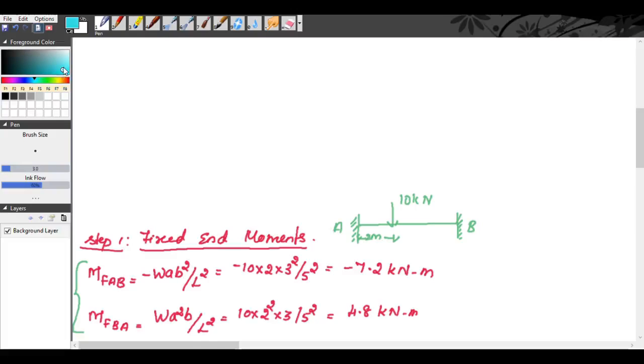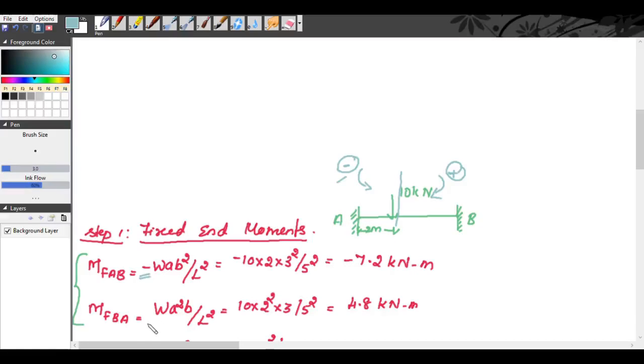When we take a section anywhere, hogging moment means the left anti-clockwise is hogging and right clockwise is hogging. That is why on the left it is minus and on the right it is positive. So M of AB we have a negative sign, M of BA we have a positive sign.